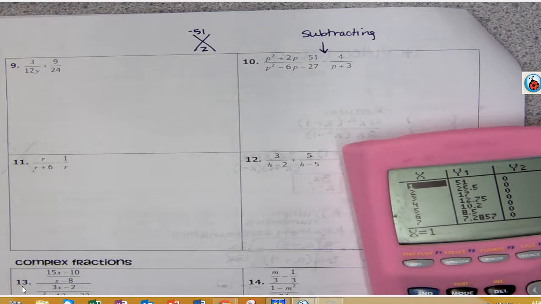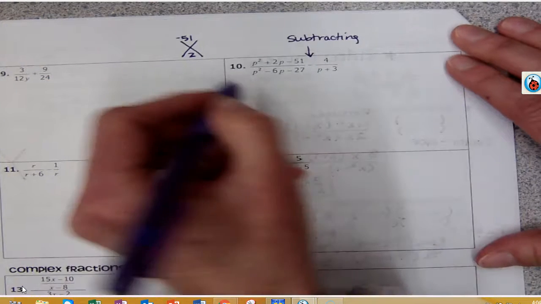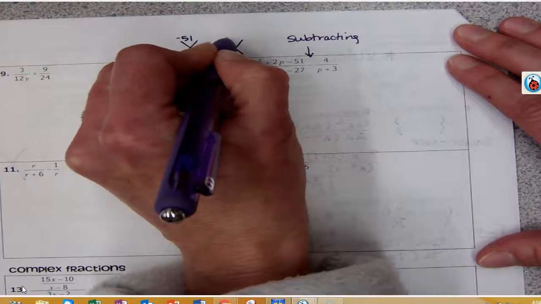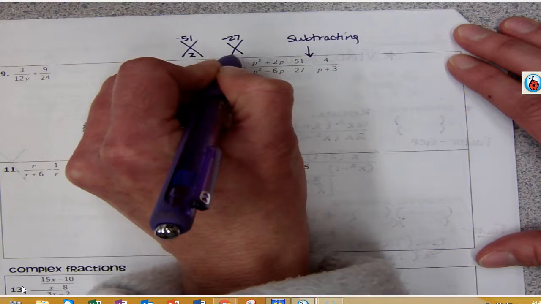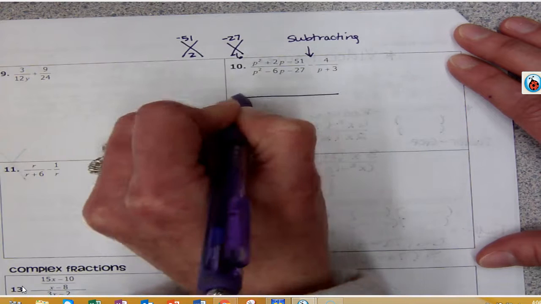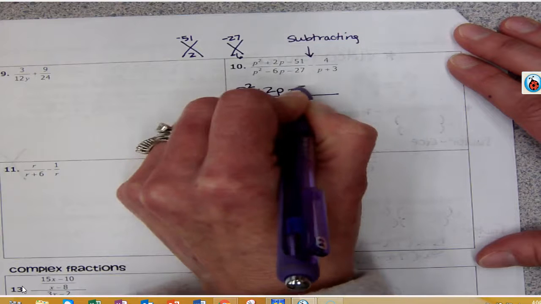So none of those are going to work. So I'm not going to even try and factor that first one. So then the bottom one, I'm going to say what multiplies to give me negative 27 and adds to give me negative 6. I'm going to leave this numerator the same.